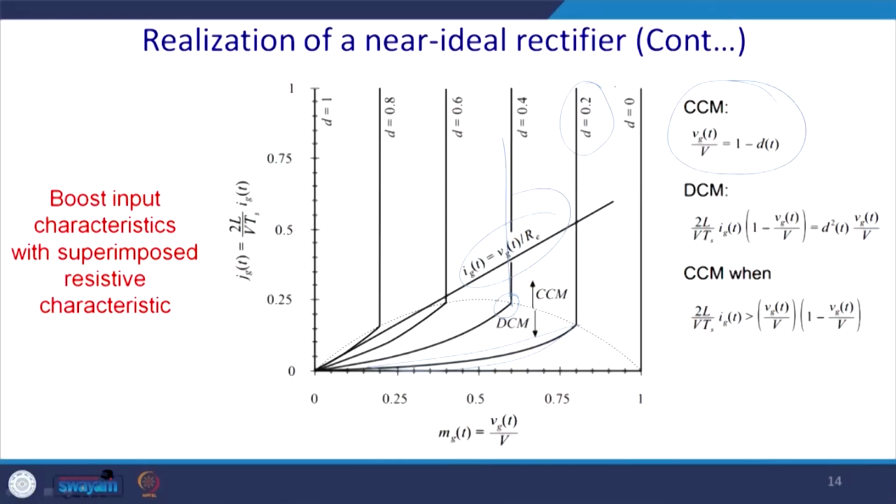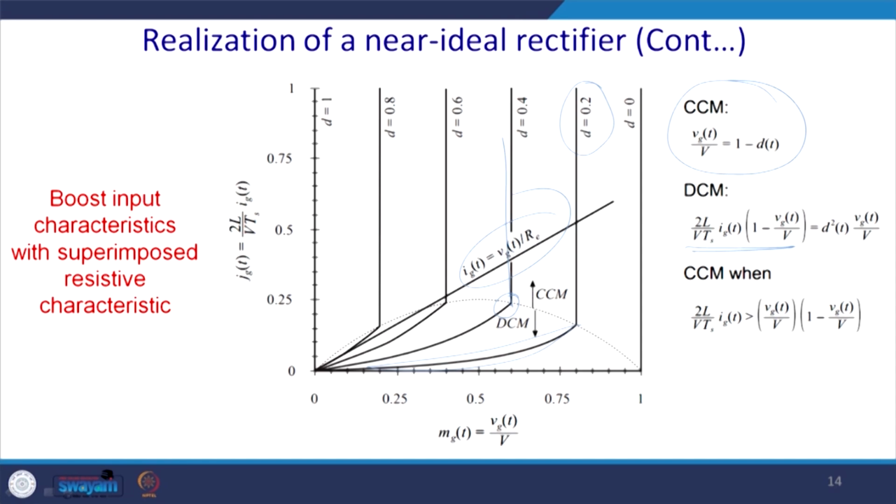Ultimately, the CCM expression is pretty simple for the boost converter. It will be Vg by V equal to 1 minus d(t). But in case of discontinuous conduction mode, the expression is quite complex.